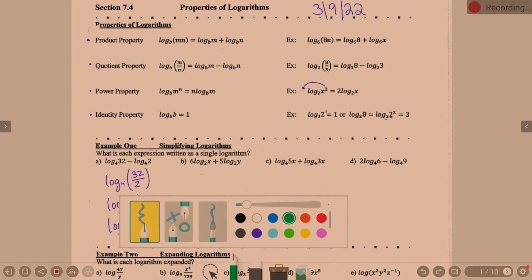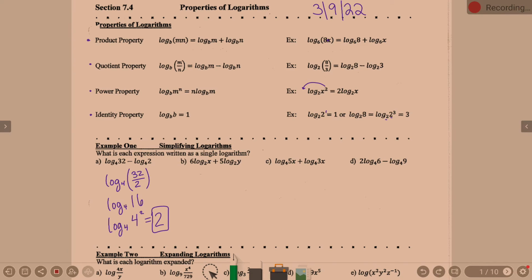Okay, let's try B. 6 log base 2 of x plus 5 log base 2 of y. Thoughts? Product property. Yeah. Okay, so he asked about product property.